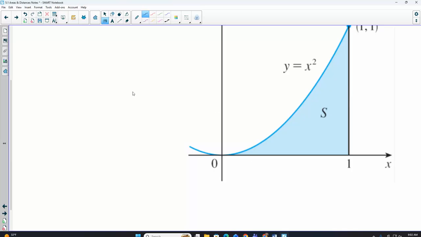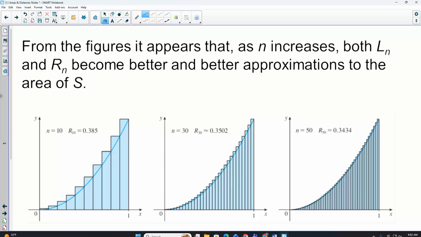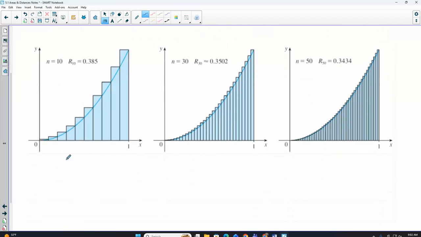So what we could do is break this piece into rectangles and get the area by adding up the areas of all these rectangles. But will that be exactly the same as my curve? No. If I'm using these rectangles, would the area I get be bigger or smaller than the true area? Bigger, because those rectangles are going above the curve.